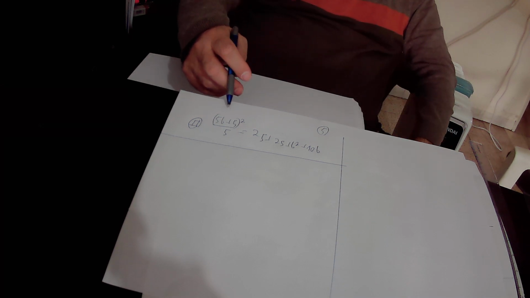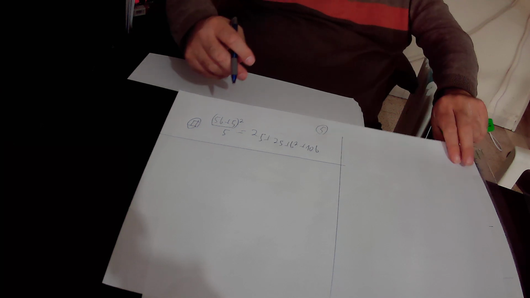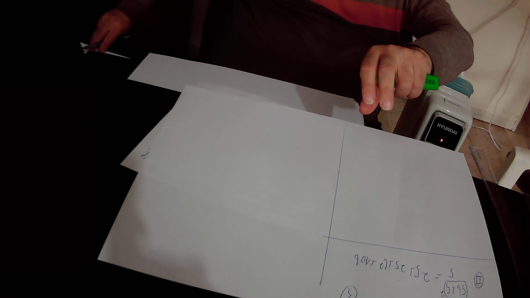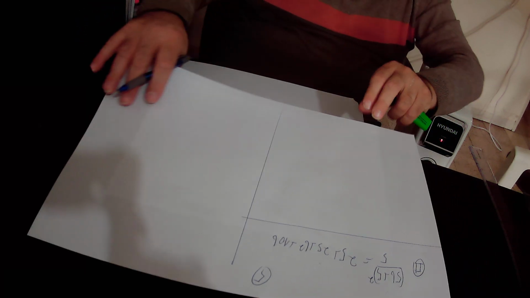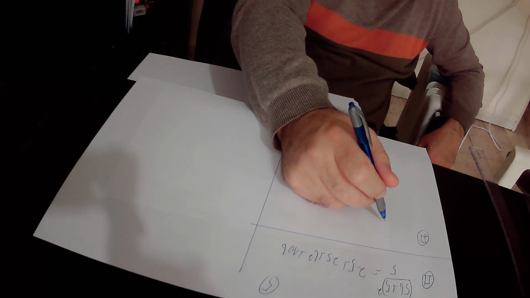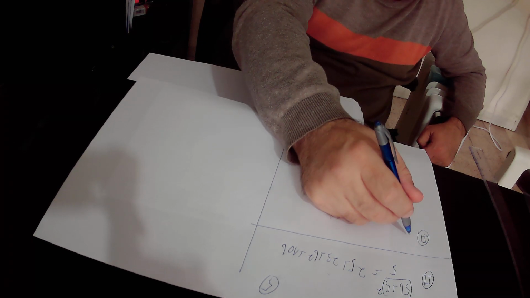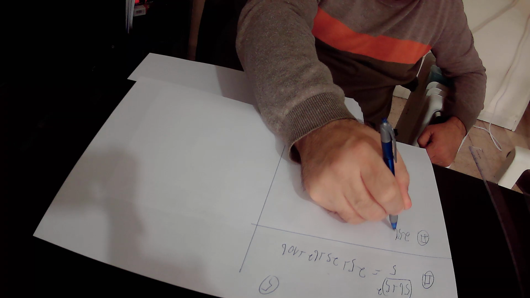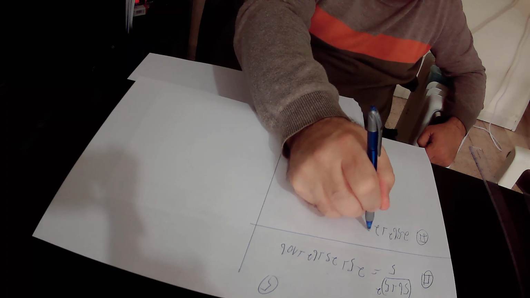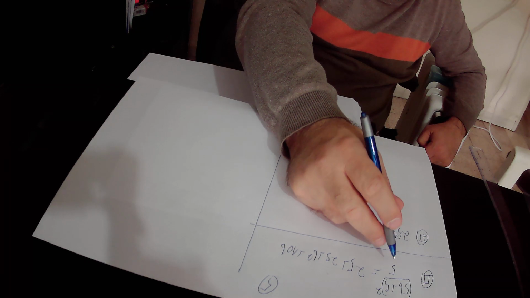So we'll open the brackets on this side of equation number 2. Here we have (5b plus 5) squared, which equals (5b) squared, that is 25b squared, plus 5 squared, that is 25, plus 2 times 5b times 5, that is 50b.